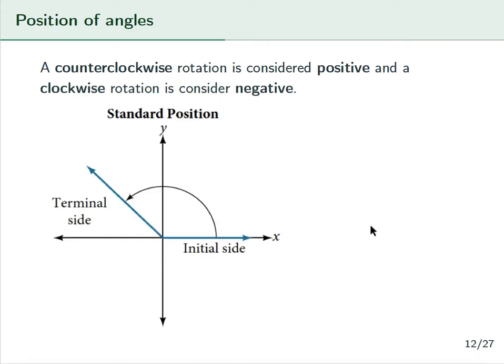So we also have a little convention in the position of angles. We draw an angle on the x and y axes in the Cartesian coordinate system. So we have the origin here. Then this is the initial side or initial ray.